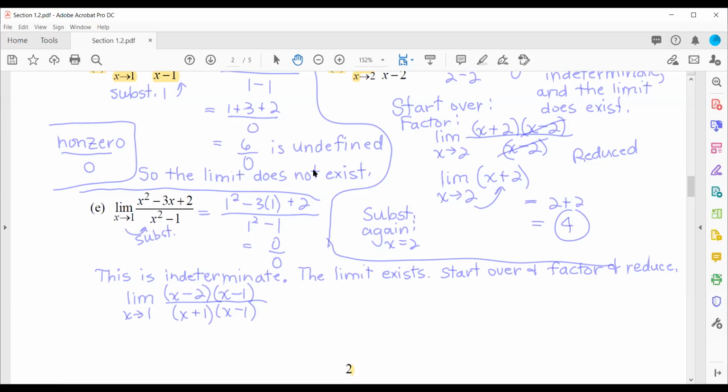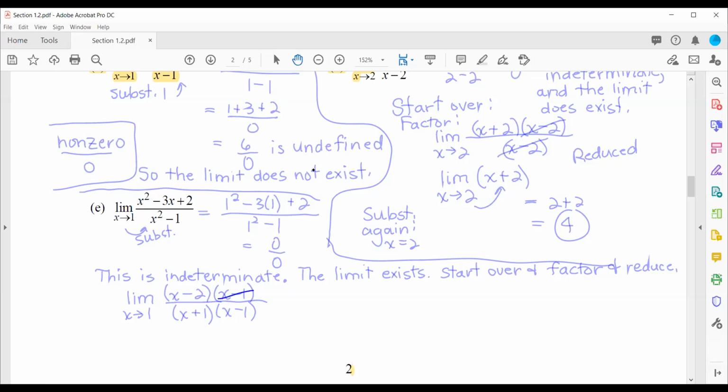Okay, so I've factored. The top of that fraction is a trinomial. I've factored it as x minus 2 times x minus 1. The denominator is a difference of two squares. I factored x plus 1 times x minus 1.